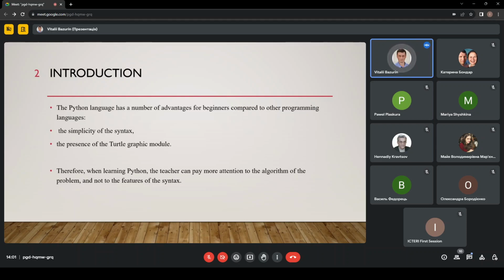Ukrainian and foreign scientists have researched various aspects of learning programming in general and programming in the Python language in particular. The psychological and pedagogical principles of teaching programming to secondary school pupils and pupils of higher educational institutions were studied.